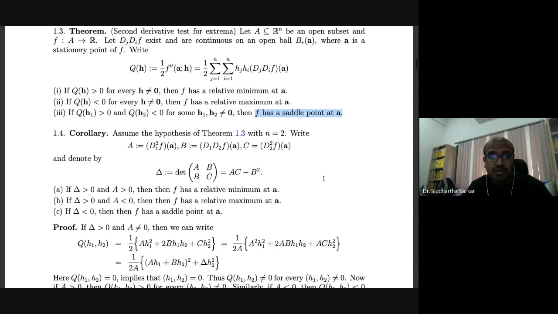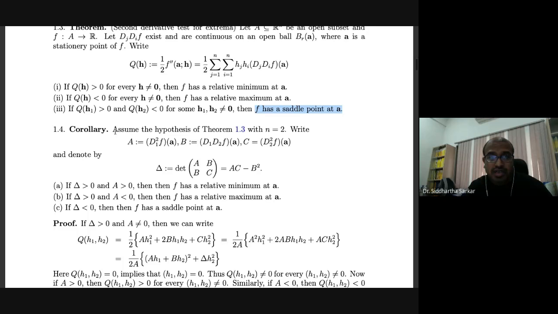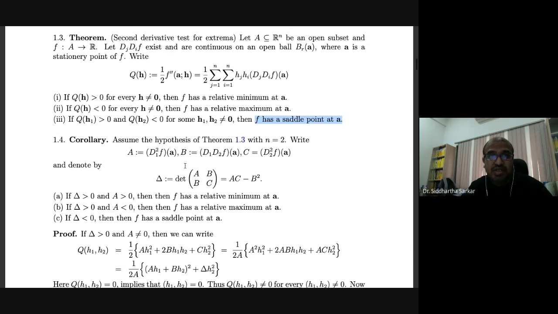So what we would do is write it in a cleaner form with respect to a certain discriminant, actually the negative of the discriminant of this particular quadratic form. So what we do is we introduce the notations.